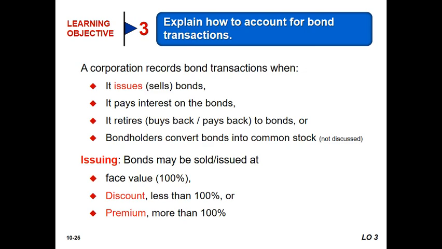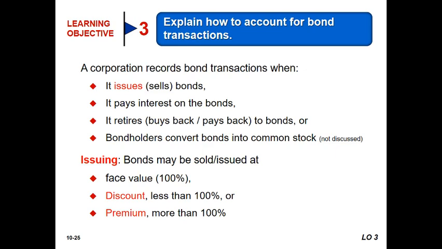It has a transaction it must record when it pays the interest on the bonds. It has to record when it retires, either buys back or pays back the bonds, or when bonds convert from bonds into common stock. We're not really going to go into that particular section, but let's start and look at issuing.